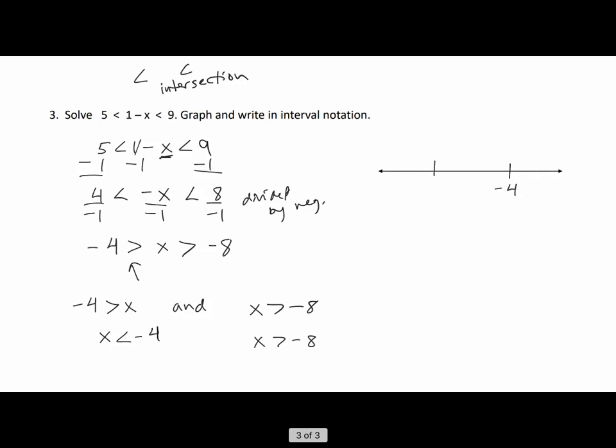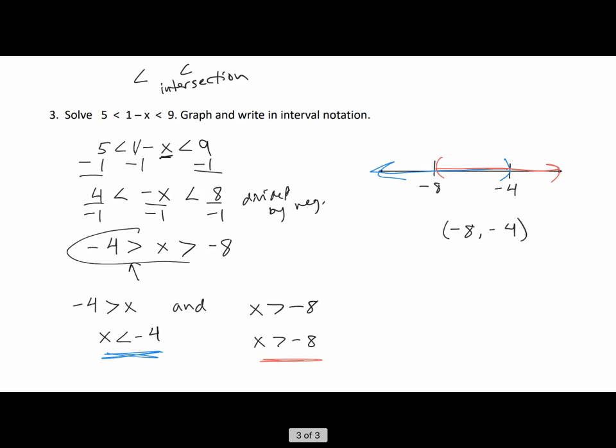Which should be written in this order on the number line, right? So let me use 2 different colors here for less than negative 4 and greater than negative 8, so that we can see the overlap here. And the overlap is everything between negative 8 and negative 4.